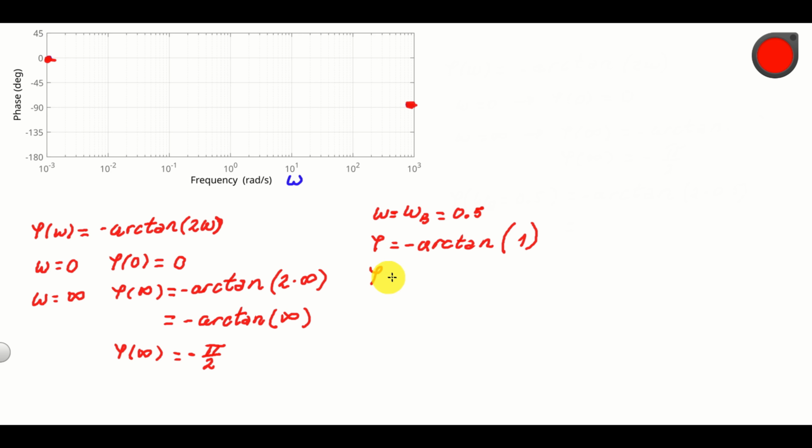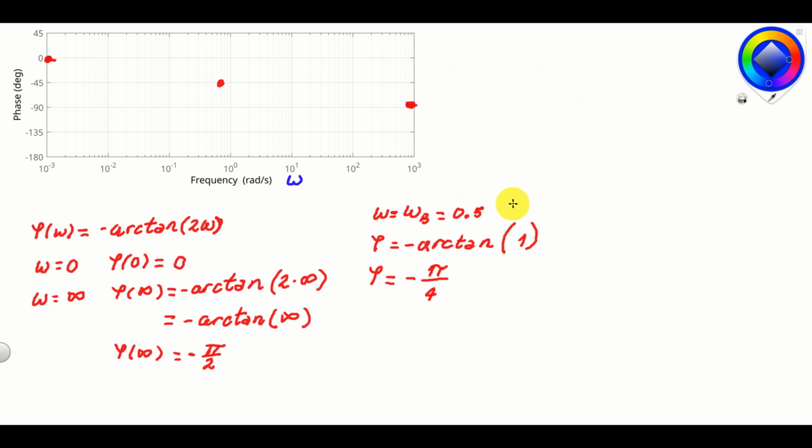So the phase is minus arctan of 1. Arctan of 1 is pi over 4, and here it is. Consequently, our phase is minus pi over 4, and that's minus 45 degrees. Consequently, we have the third point over here at our break frequency. And now we are ready to sketch the phase function.